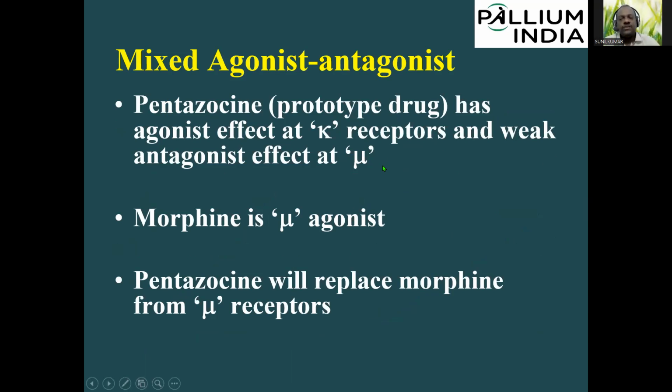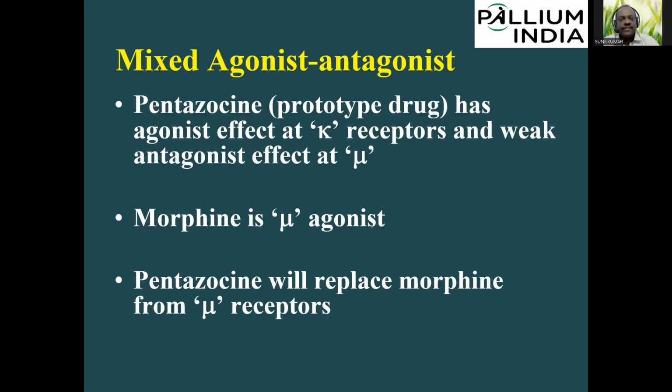So when you give it to a patient on morphine, what happens? Pentazocine and morphine will compete with each other for the mu receptor, and pentazocine is going to get more of the mu. So the action on the mu receptor for pentazocine is antagonistic, that is opposite to pain relief.